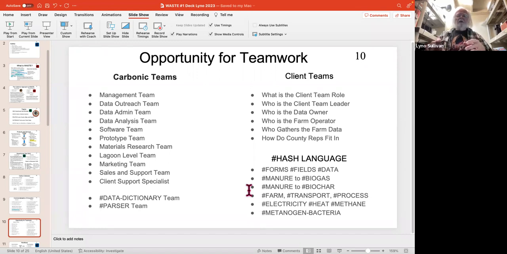Client teams, we have county teams that have team leaders, and all of this stuff. If you work in business, it should be very familiar. The stuff in the lower right, the hash language, is something I'm inventing that helps organize data.